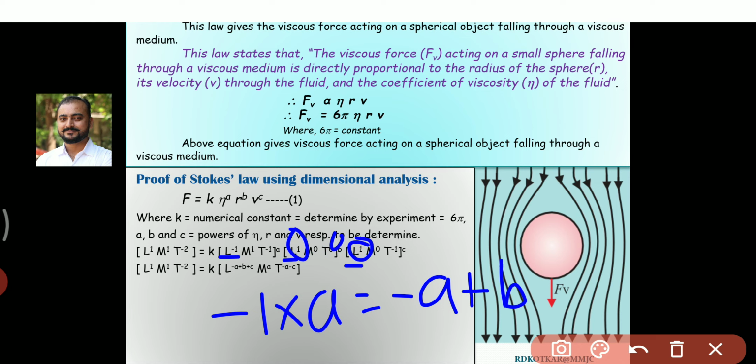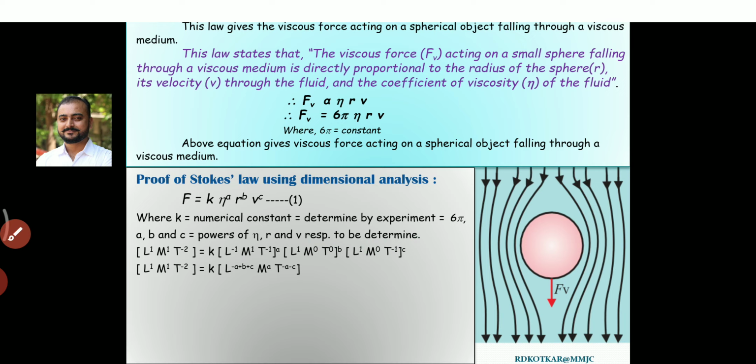Here the power is C, so again C. So powers get added and we will write like this. We'll do this process for all the brackets, all the terms L, M as well as T. As K is constant, there is no need to do anything with it.